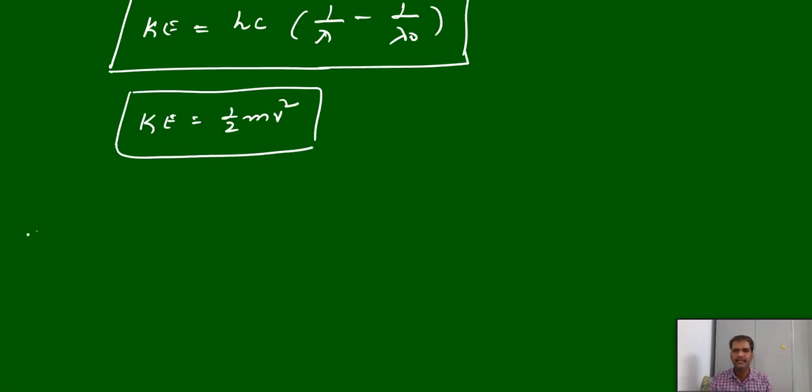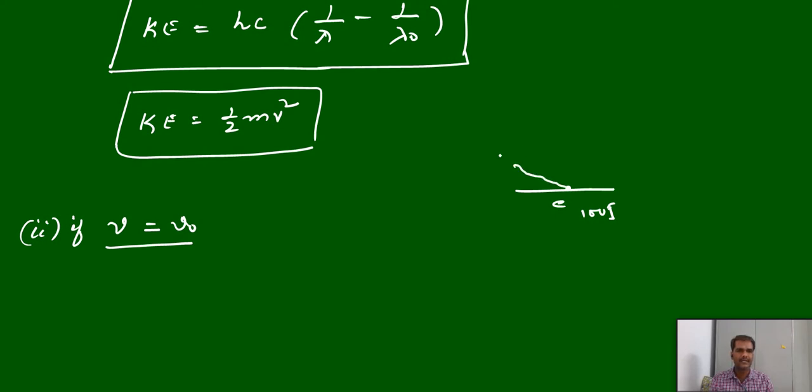So now we will see case 2. What is case 2? If we incident the radiation with sufficient energy, where nu equal to nu 0. So again the same, to eject the electron we require 100 joules. But we are incidenting with the radiation of frequency with 100 joules of energy.